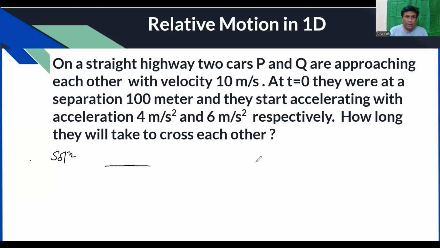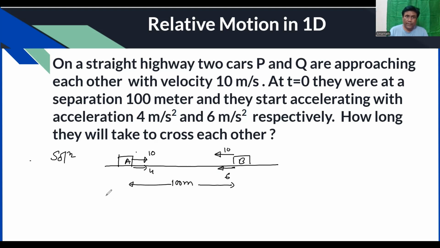So this is A, its velocity is 10 and acceleration is 4. Here, say it is B, its velocity is again 10 and acceleration is 6, and the gap is 100 meter.